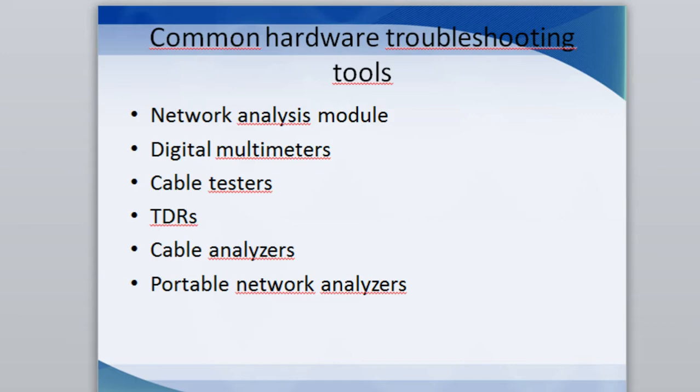What is a TDR? It's a type of cable tester, and its name means time domain reflectometers. TDR, time domain reflectometers. They can pinpoint the distance to a break in a cable.